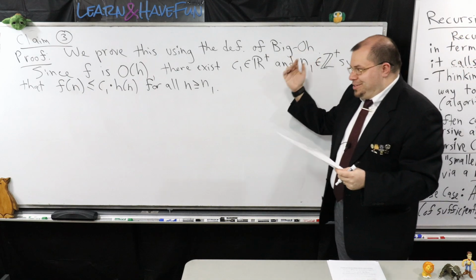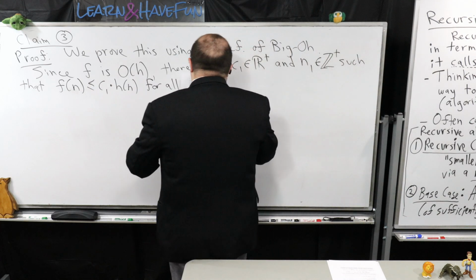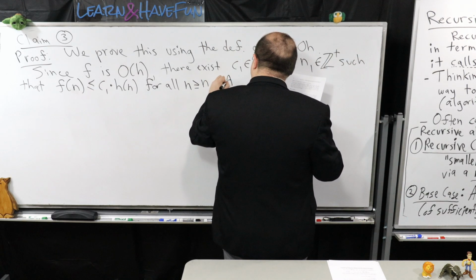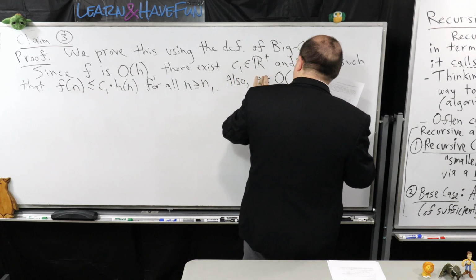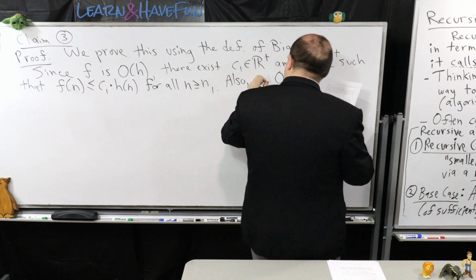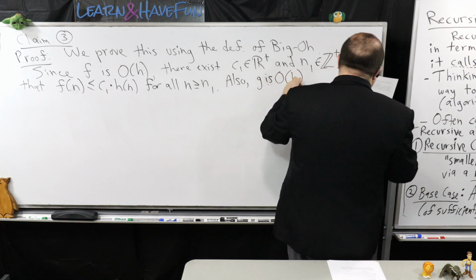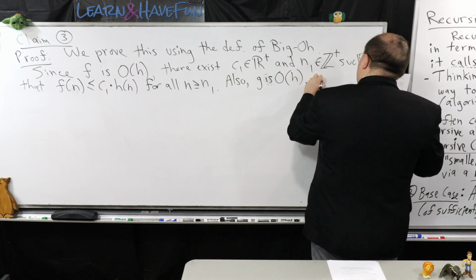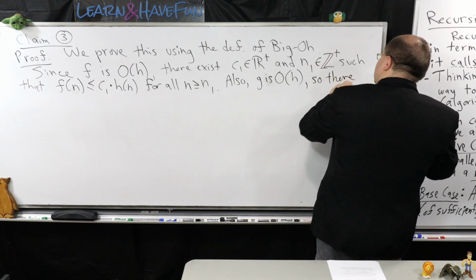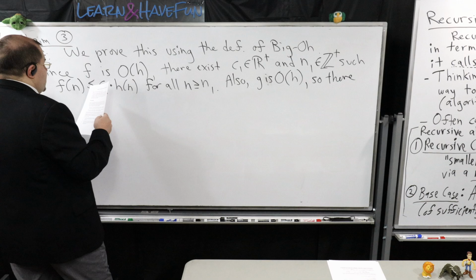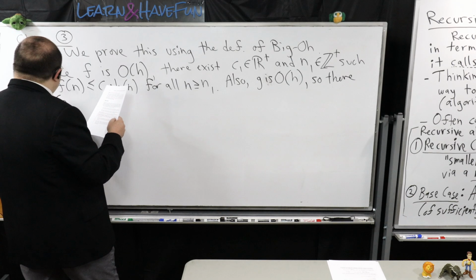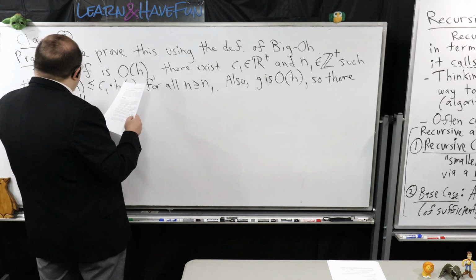Now all I'm going to do is write what G is big O of H means. Also, G is big O of H. So there exists C2, which is a positive real number.